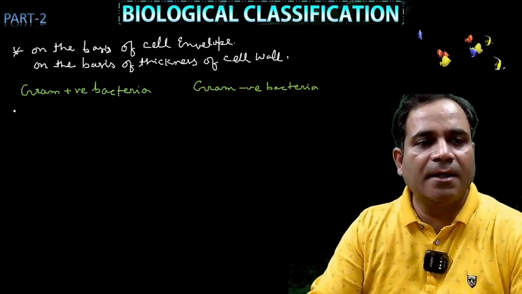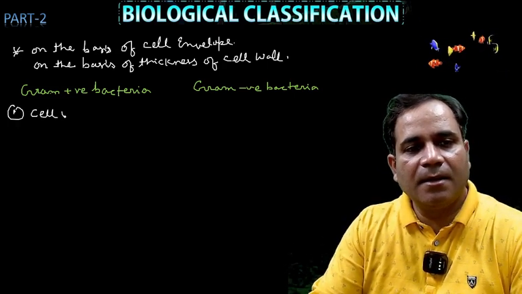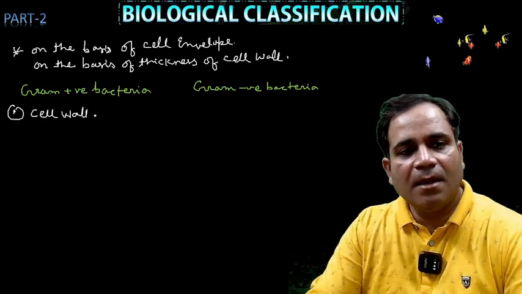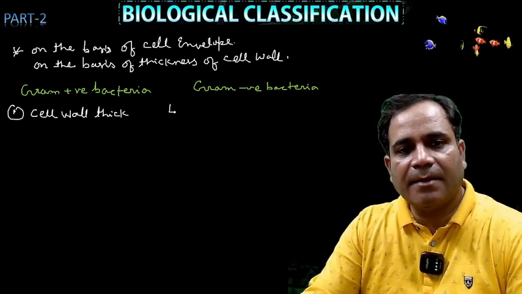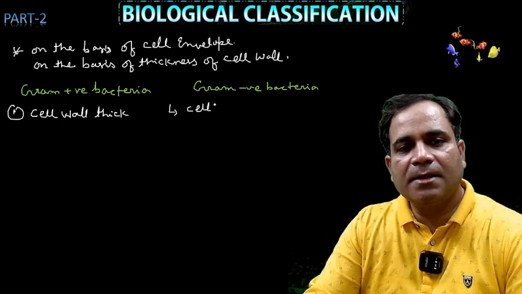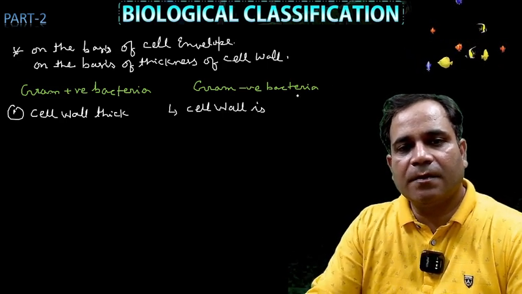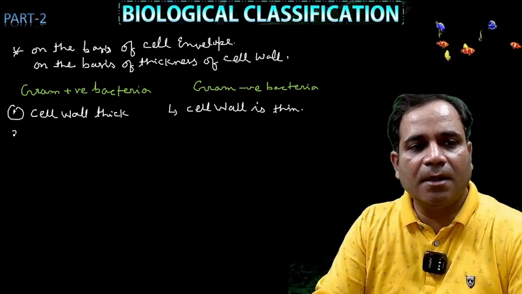First point, my dear: in gram positive bacteria, the cell wall is thick. Correct? While in gram negative bacteria, the cell wall is thin.